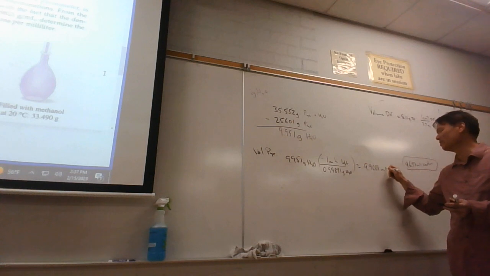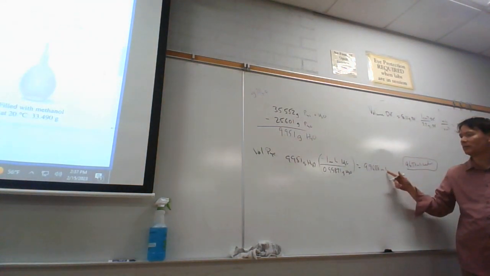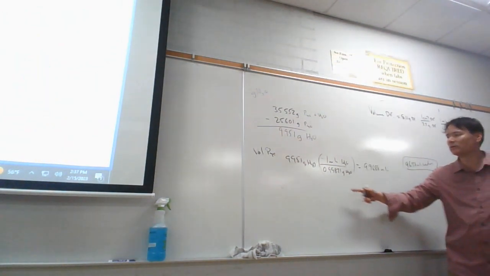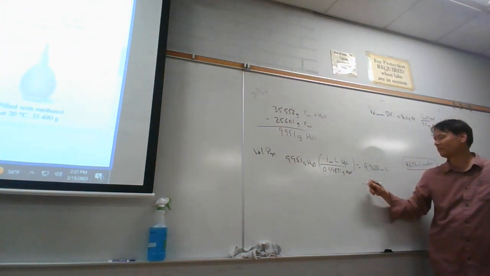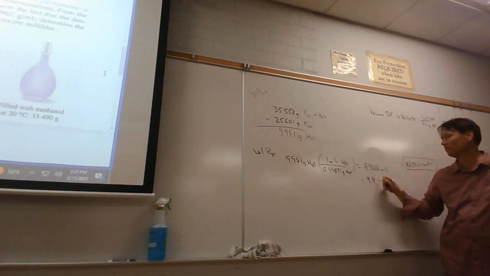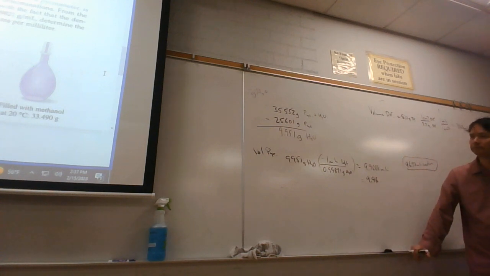9.9688 milliliters. Since the milliliters of water and the milliliters of the pycnometer are the same, this is going to be the volume of the pycnometer. And how many sig figs am I allowed? Well, this is multiplication and division, therefore I have 4 sig figs and 5 sig figs. I'm going to be allowed 4 sig figs in my final answer. So this is going to be 9.969.